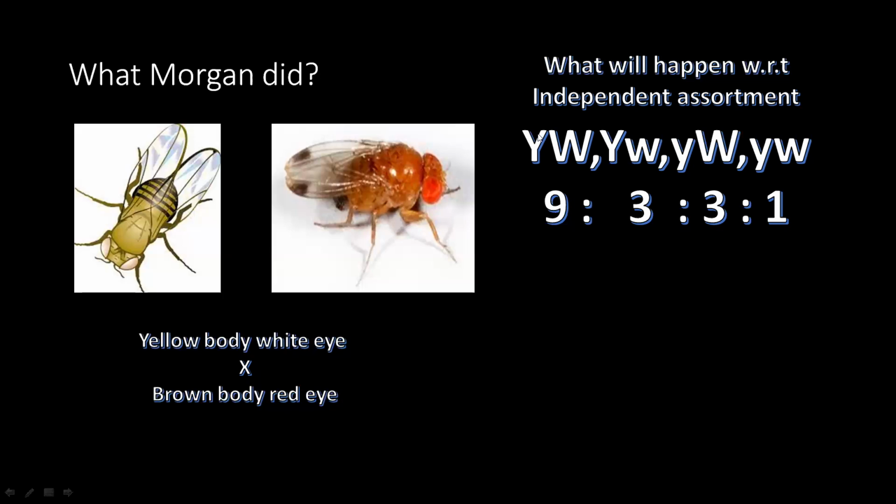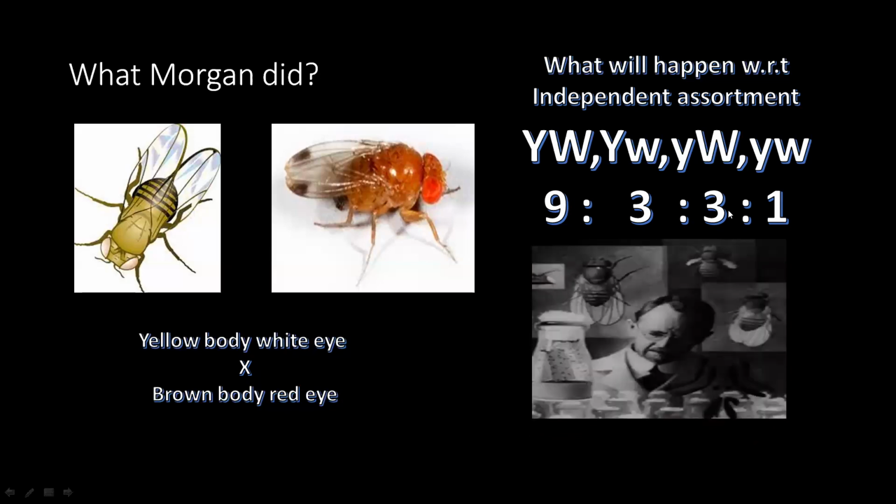Sorry, capital Y will be for brown, because Y is dominant. Capital W is for red. So here brown, white, yellow, brown, yellow, white. This is what we have to get as per Mendel.